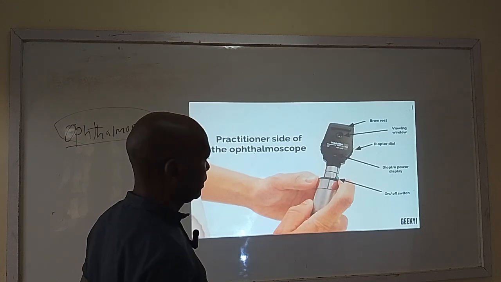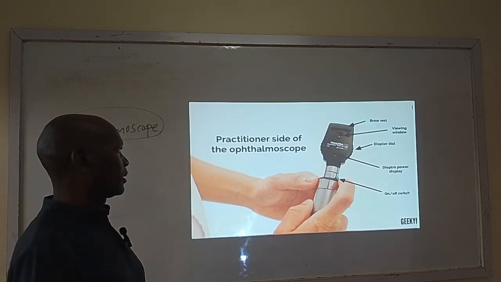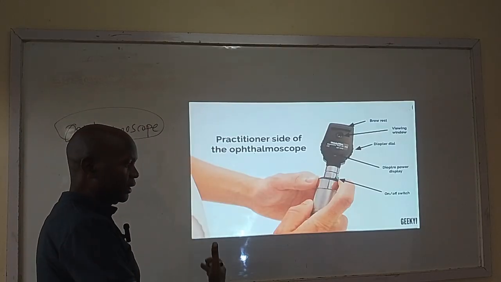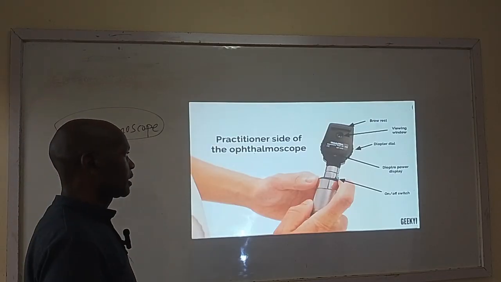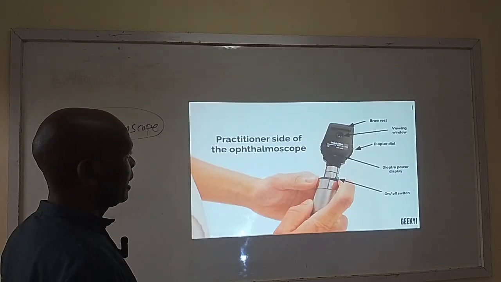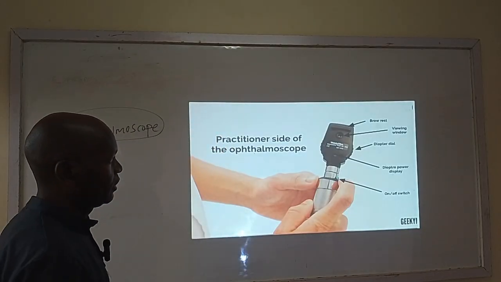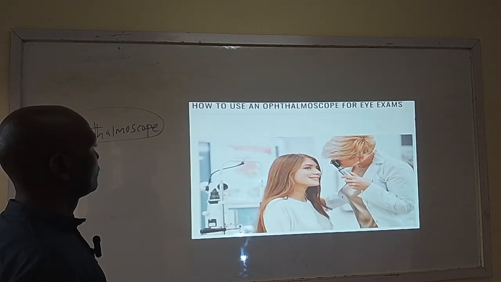Then you examine the patient and target to see the red reflex. Then you reduce the distance gradually as you maintain focus on the red reflex, as you also adjust the diopter dial to get a proper view.